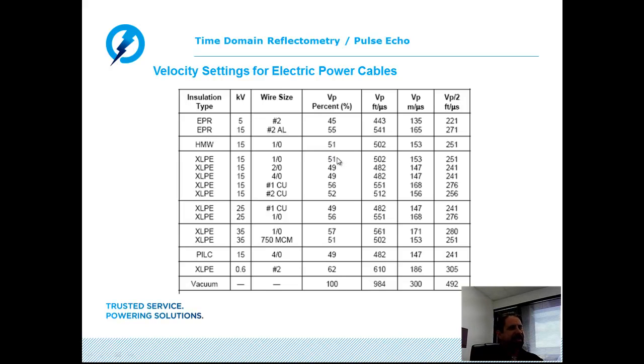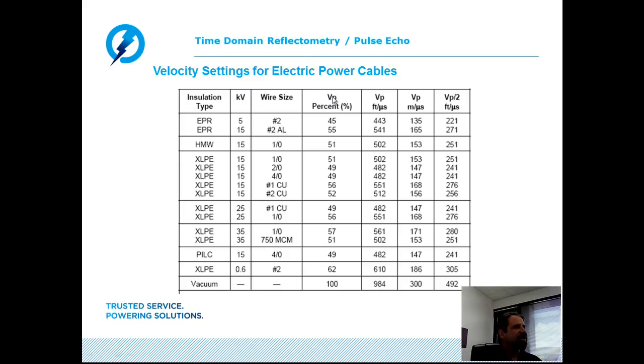What that basically means is, we know how fast the pulses would travel in a perfect vacuum. They would travel at the speed of light, which is 984 feet per microsecond, or 300 meters per microsecond. But we're not traveling through a vacuum here. We're traveling through cross-linked polyethylene with a 1/0 cross-sectional geometry, so the pulse is going to be slowed down.